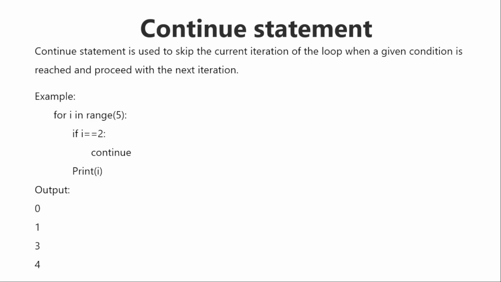Now let us move to the second topic of control statements, which is the continue statement. The continue statement is used to skip the current iteration of the loop when a given condition is reached and proceed with the next iteration.